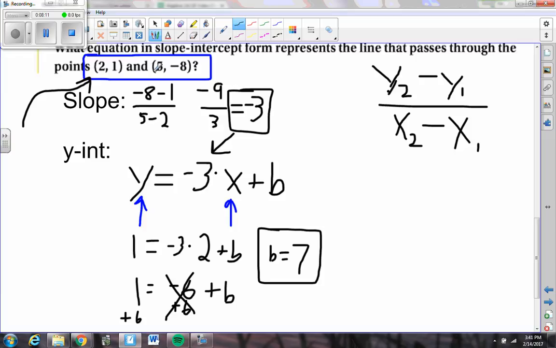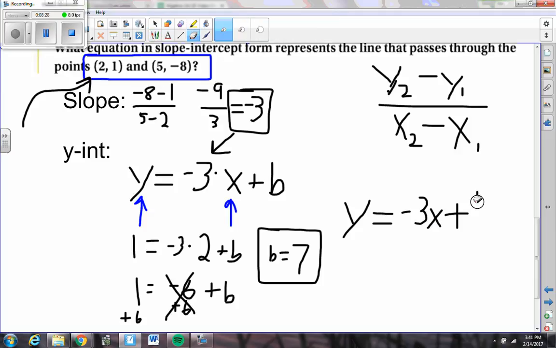Now that I have my slope and my y-intercept, I should be ready to write my final equation. y equals my slope number, x, plus my y-intercept number, my b value, which is 7. I was about to write a b again, I apologize.